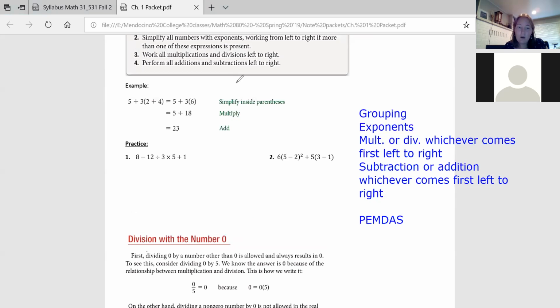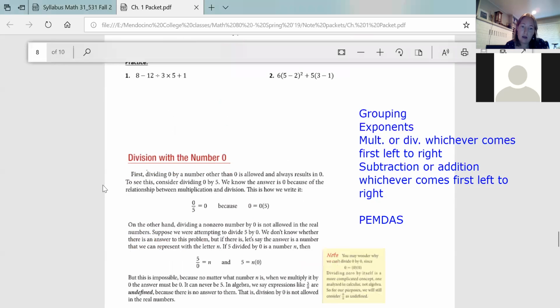I got it. And then another thing that often gets tested is the difference between 0 divided by a number and a number divided by 0. Because multiplication and division are inverse operations, like if I multiply by 2 and then I divide by 2, I'm back to what I originally had. Okay. So 0 divided by 5 is going to be 0.